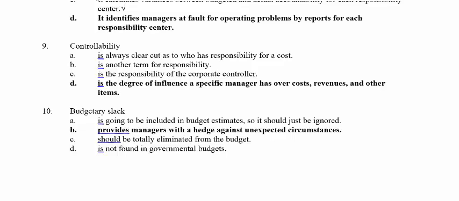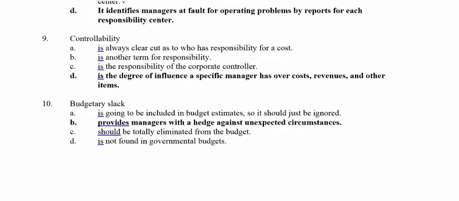And with our cost and expense type of items, those are turned in at a higher dollar amount, or overestimated or over projected. And this slack provides those managers that have turned this information in with a hedge against unexpected circumstances.